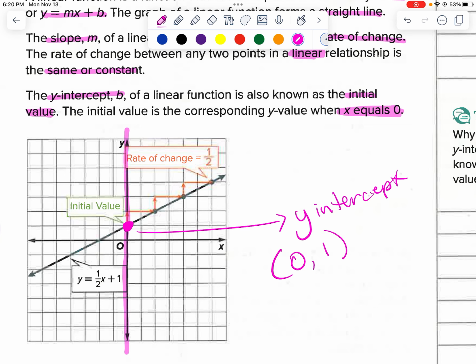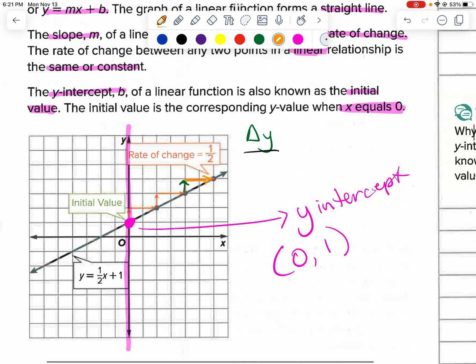The rate of change, remember, is how many times we go up and how many times we go over when we're looking at a graph. It is always the change in y over the change in x in order to find the slope, which is the same thing as the rate of change.